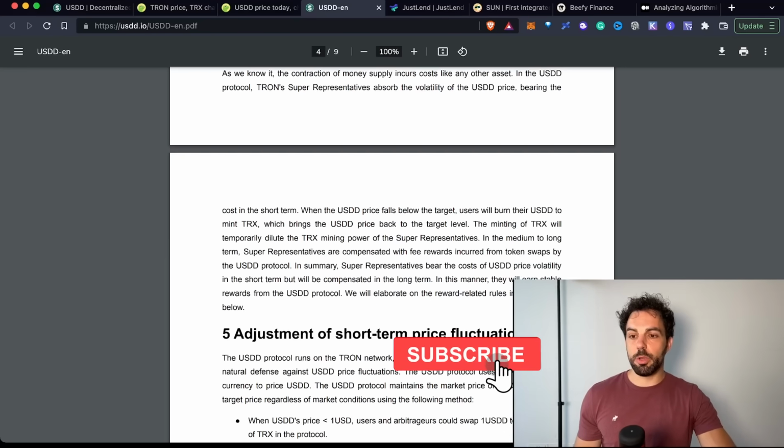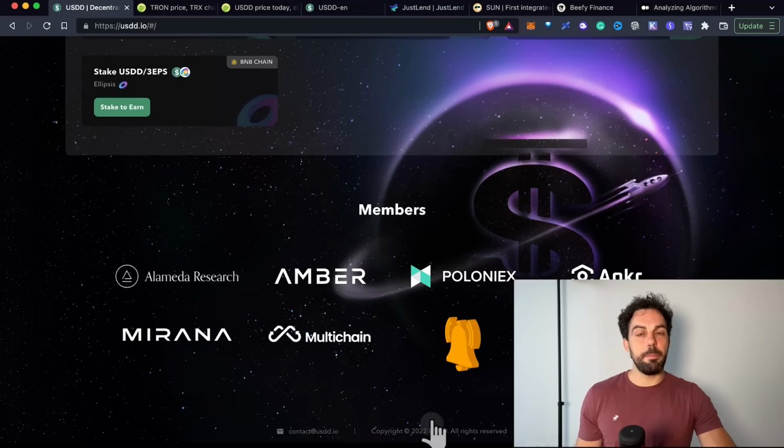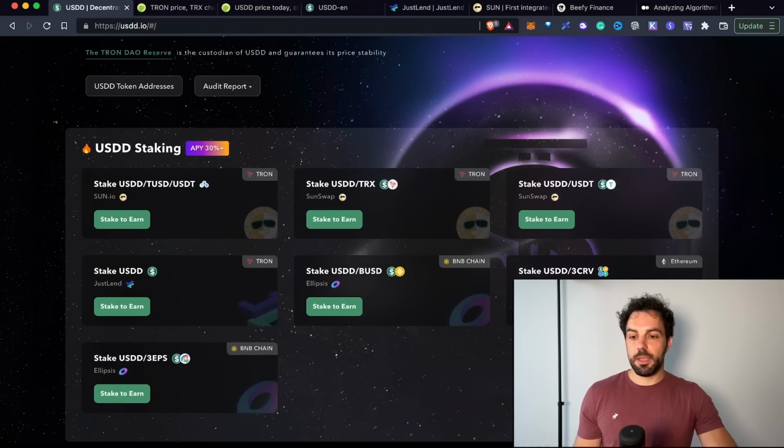The other thing that we know for certain right now is the level of APY that they are offering. Here you have the different protocols that are supporting USDD. As you can see, the main 4 are from the Tron blockchain, but after that we also have USDD on Binance Smart Chain and Ethereum.